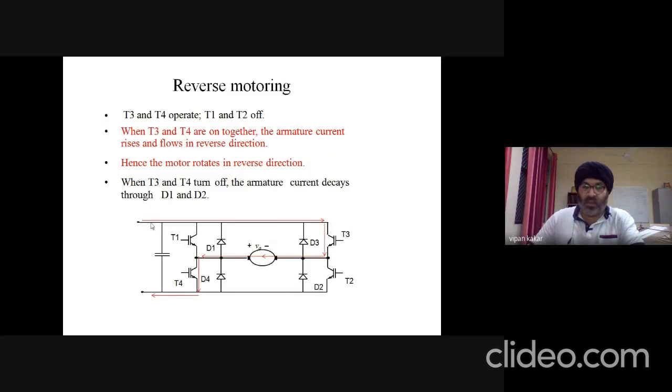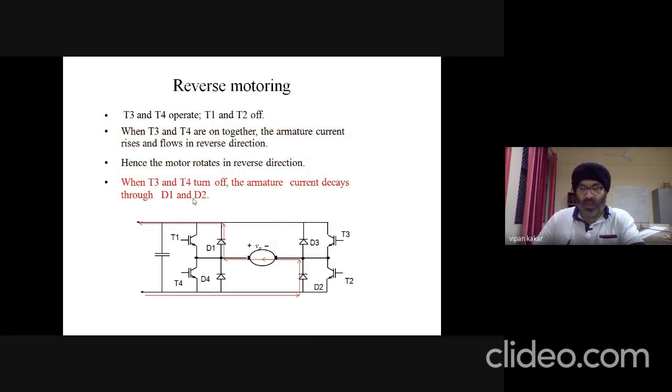In quadrant 1, this battery is connected through T1 and T2 and back. In quadrant 3, the battery is connected through T3 and back T4. So the current reverses its direction of flow. So the armature current ramps up in reverse direction. So in this case, the motor will rotate in reverse direction.